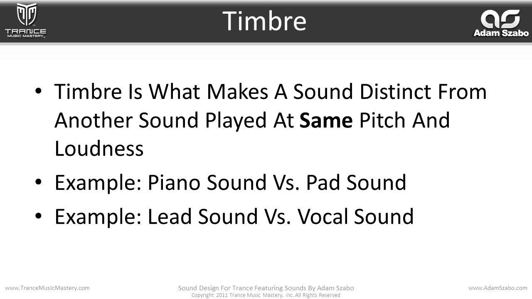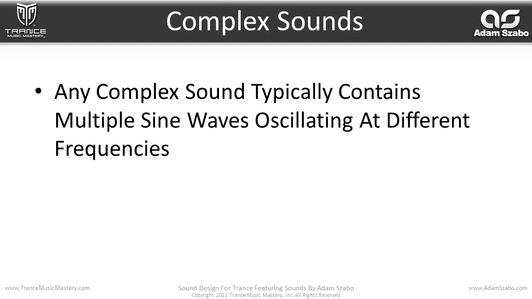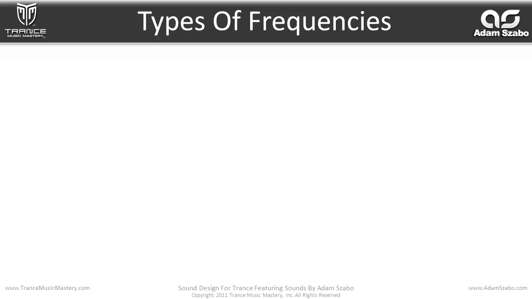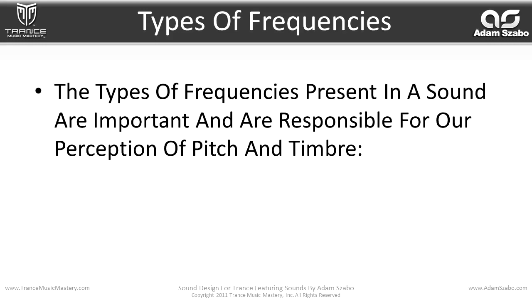So now what is that specifically? What contributes to timbre? Well, any complex sound typically contains multiple sine waves oscillating at different frequencies. By complex sound, that's the human voice, any of the synthesizer instruments, pretty much any sound other than a simple sine wave. The different types of frequencies present in a sound are important and are responsible for our perception of pitch and timbre.